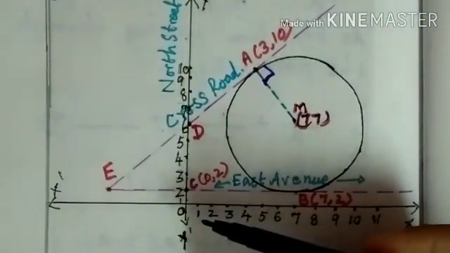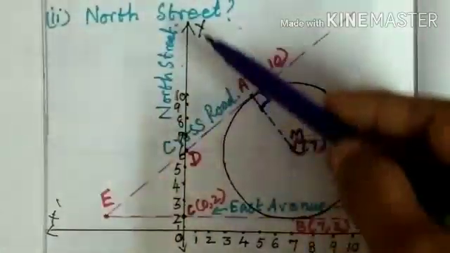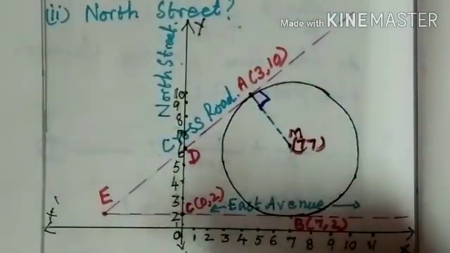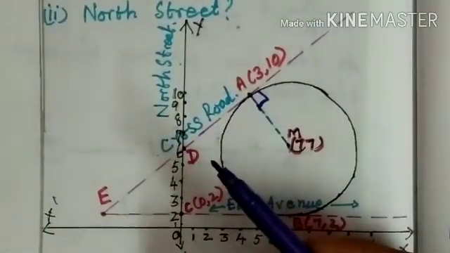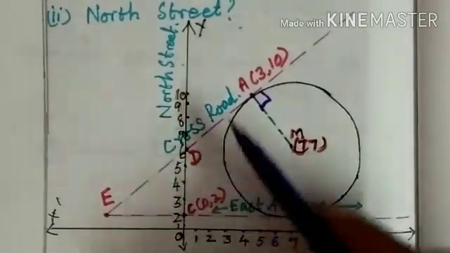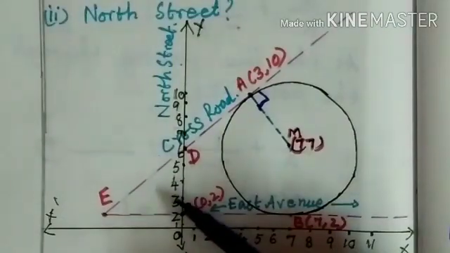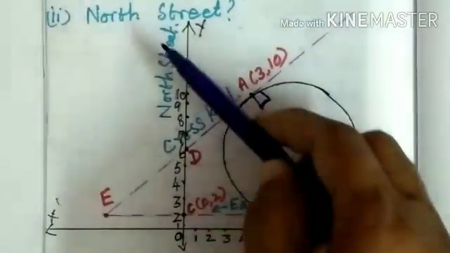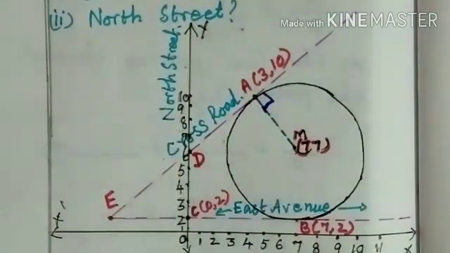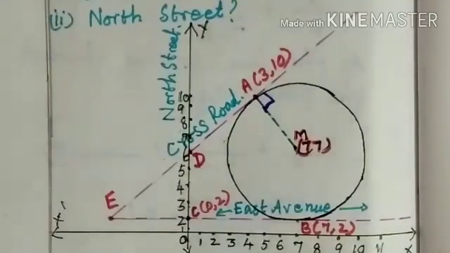See the diagram. North Street lies on the y-axis. Therefore, any point on the North Street has x coordinate 0. Therefore, the equation of the North Street is x is equal to 0. Let us write this.